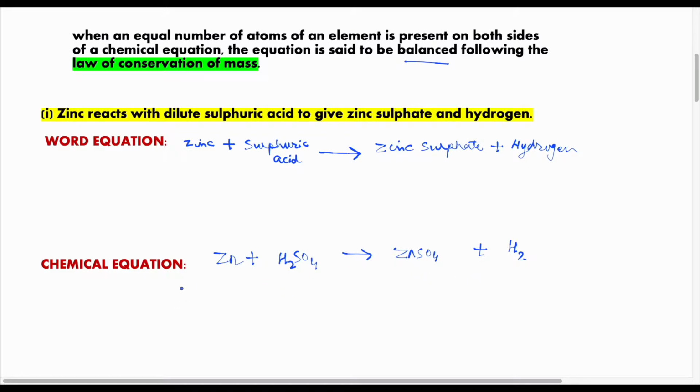So here we will first see what the different elements are. Then we will write down the number of atoms on the reactant side, that is the left hand side of the arrow, and the number of atoms on the product side, that is the right hand side of this arrow.